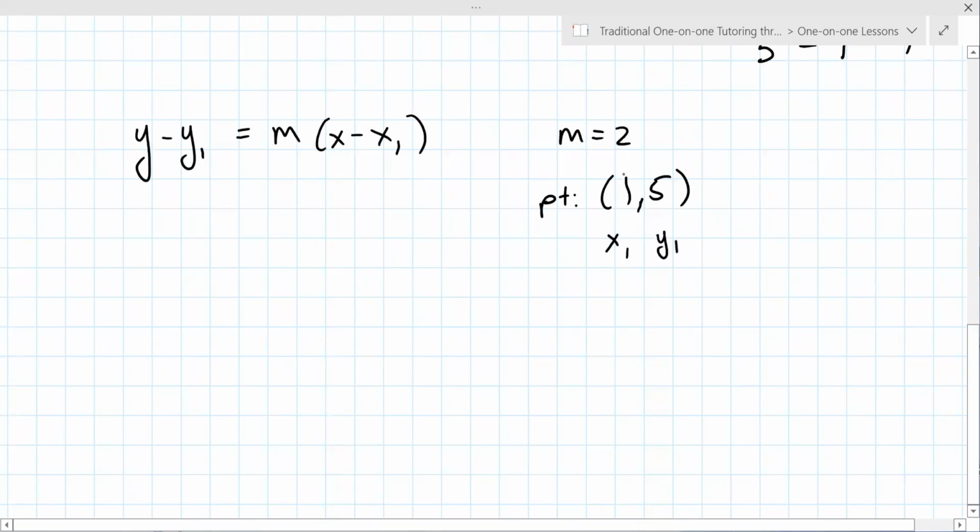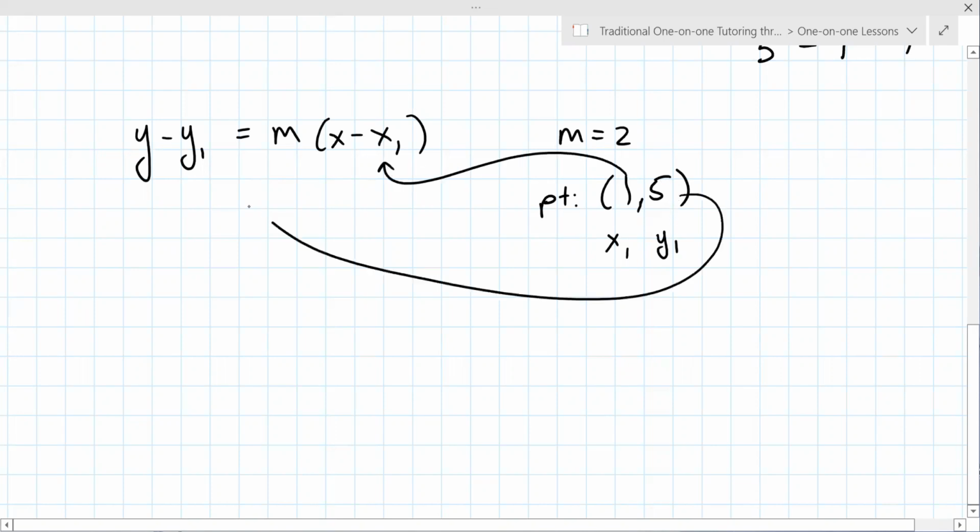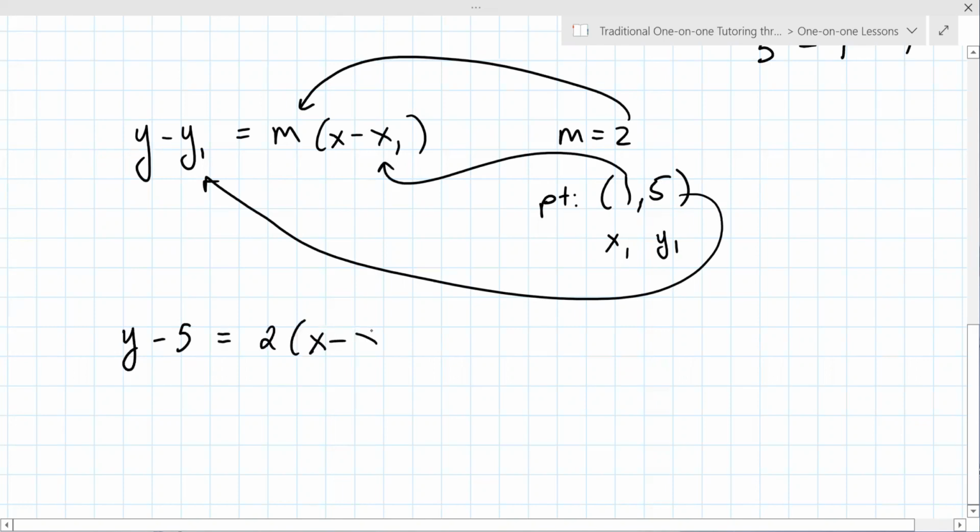So you're just putting these values into the equation there, and the 2 goes in right there. So this becomes y minus 5 equals 2 times x minus 1.